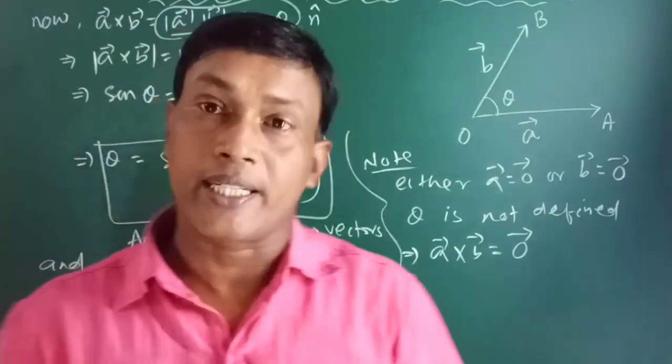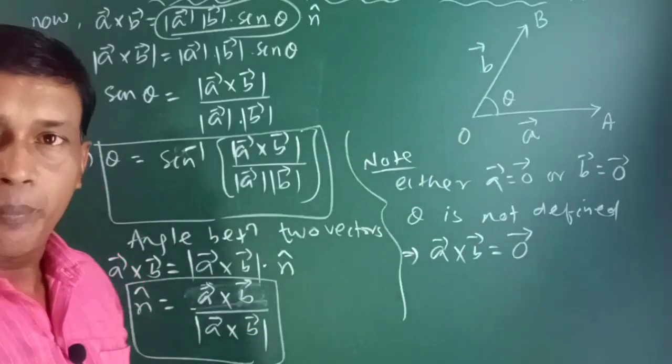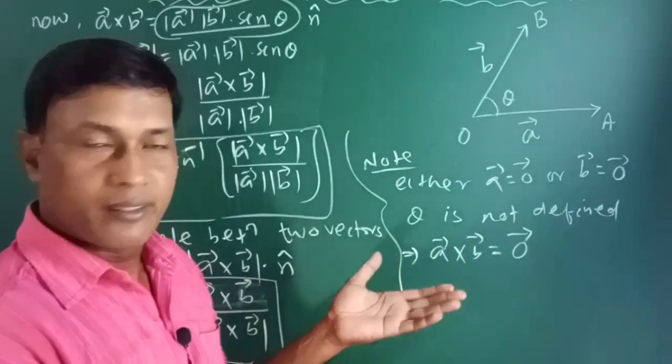I have already said n cap is the unit vector perpendicular to the plane. So this is the perpendicular vector, but we can't draw it here.